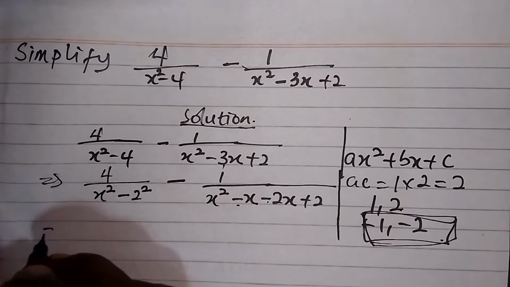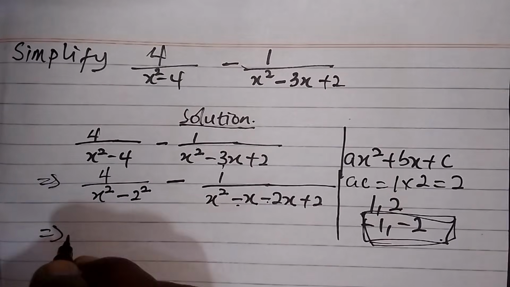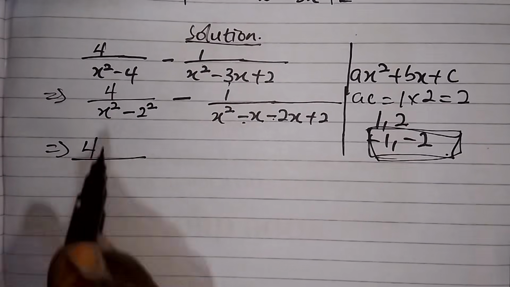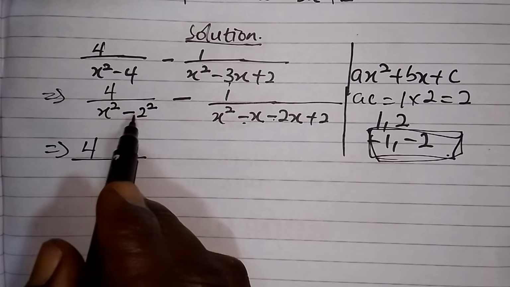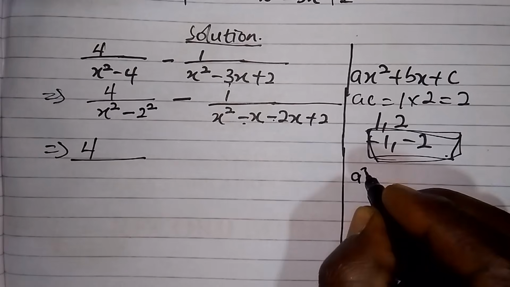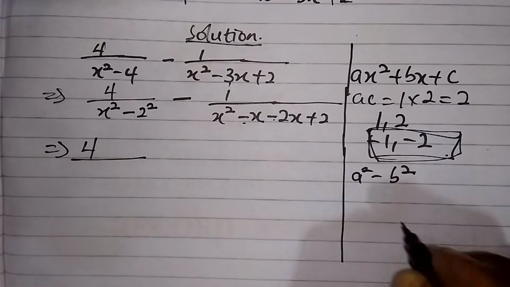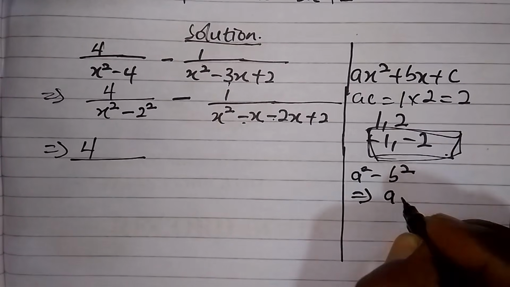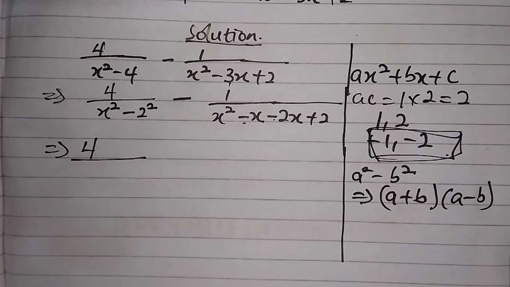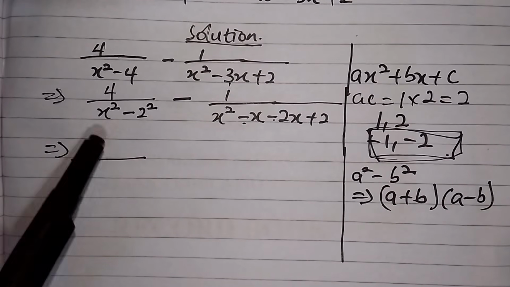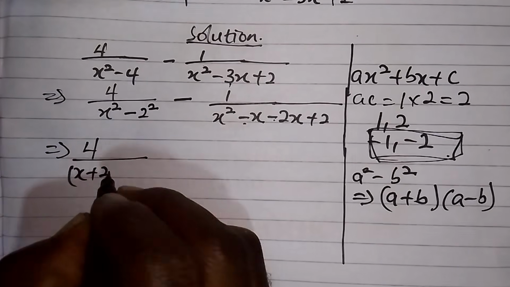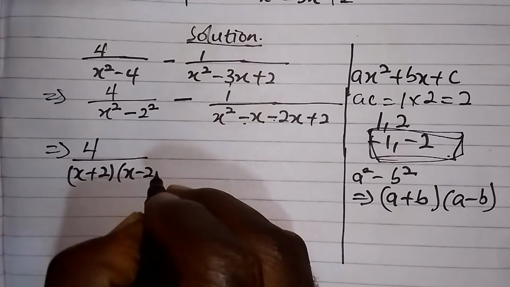Let's proceed. This becomes 4 over x squared minus 2 squared, a difference of two squares. We said if we're having a squared minus b squared, this is written as a plus b, a minus b. So with x squared minus 2 squared, this is simply x plus 2, x minus 2.